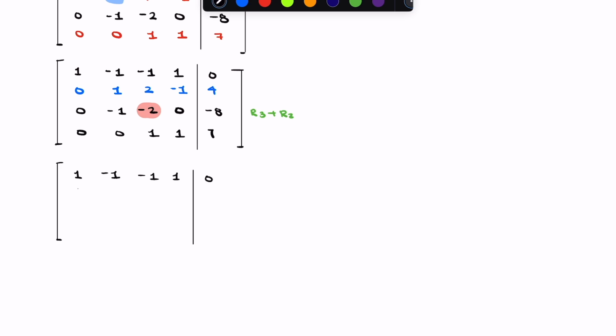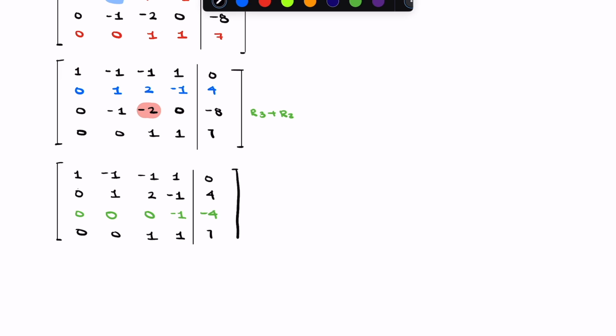In row 2, 0, 1, 2, -1, and 4. In row 3, currently here, we have 0, 0, 0, -1, and -4. And our last one stayed the same, which was 0, 0, 1, 1, and 7.